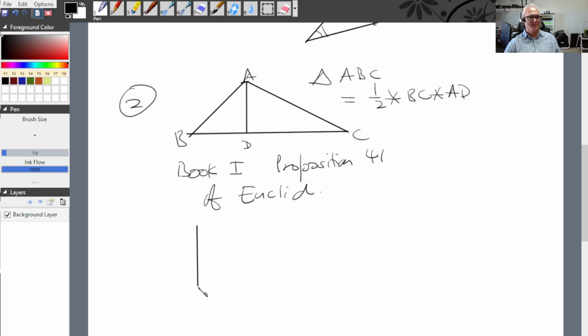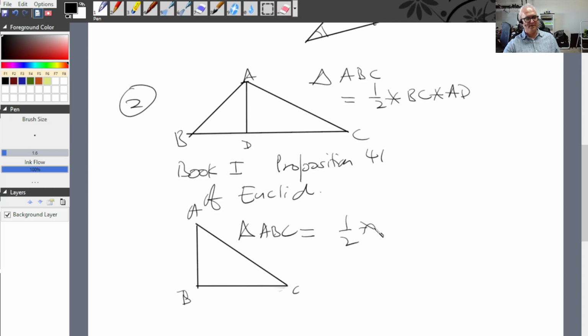So if it were a right angle triangle, the area of the triangle ABC will be half of AB times BC. So these are the adjacent sides. So we will use this proposition of Euclid in Einstein's proof. Einstein used that.